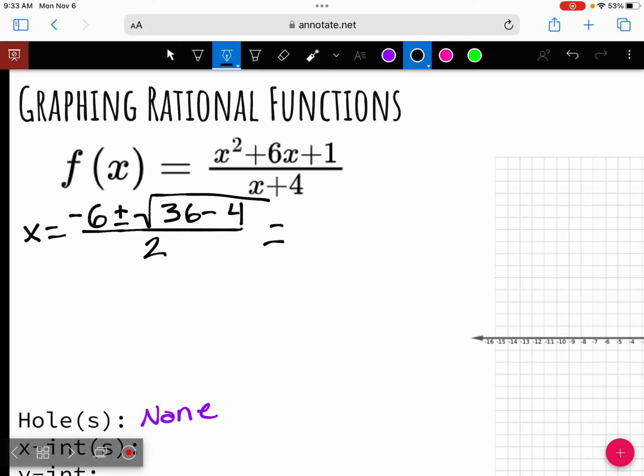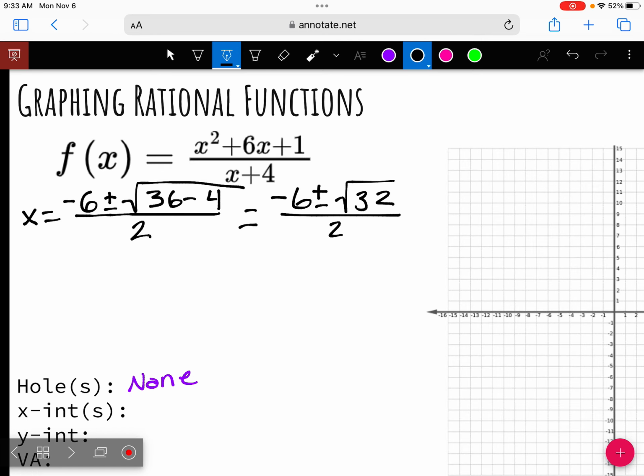So we have -6 plus or minus the square root of 32. Can we simplify the square root of 32? 16 and 2, so it becomes 4 square root of 2. Can we simplify this more?